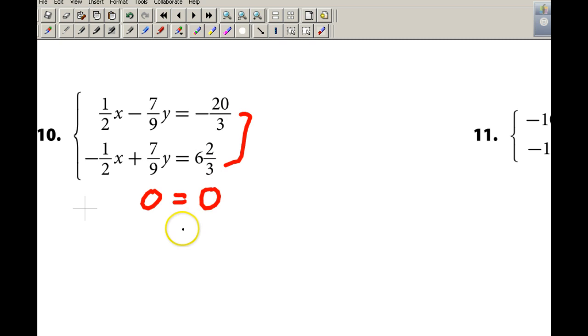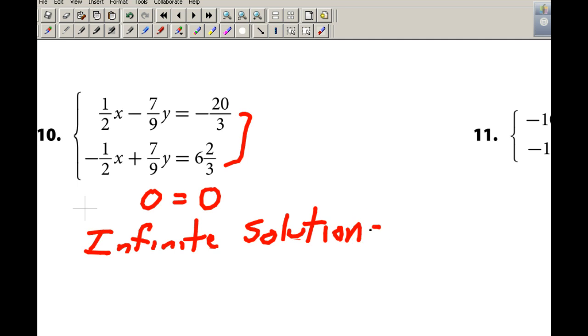Yeah, same thing. Solution? Infinite solutions. Yeah, you guys don't give yourself credit sometimes. You're much smarter than you think you are.